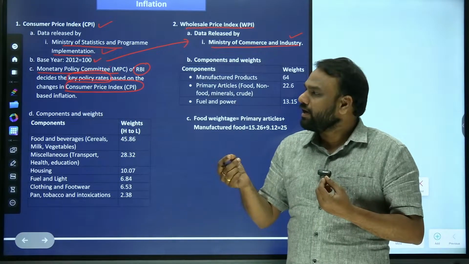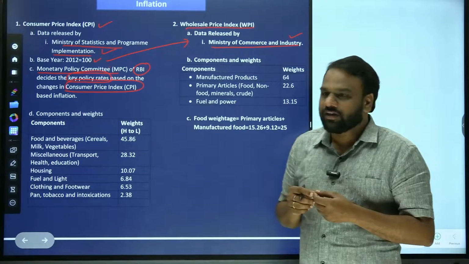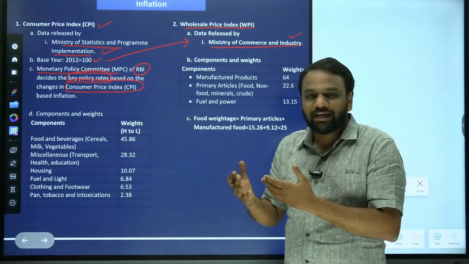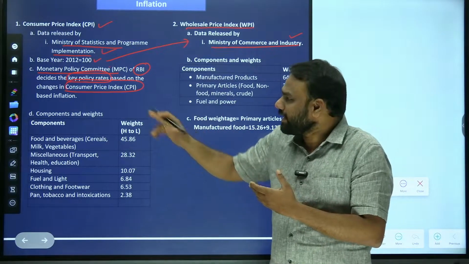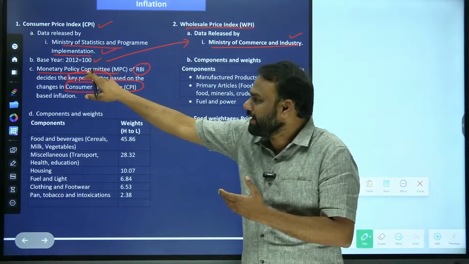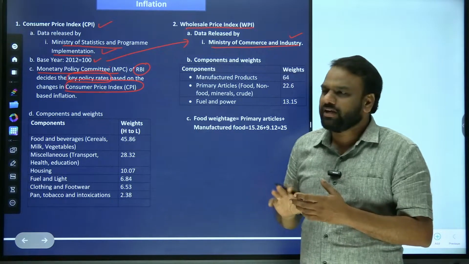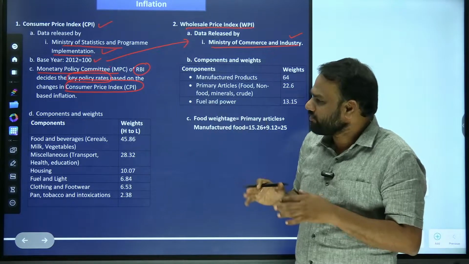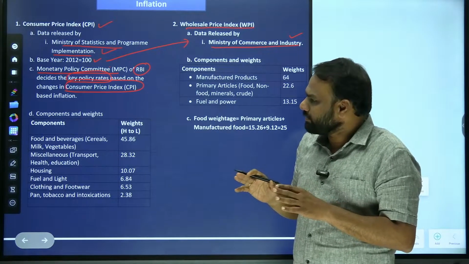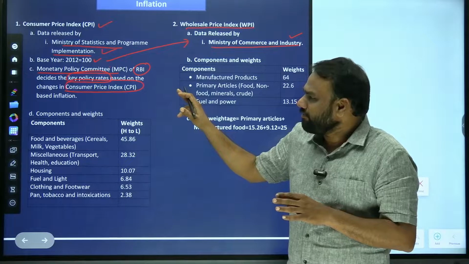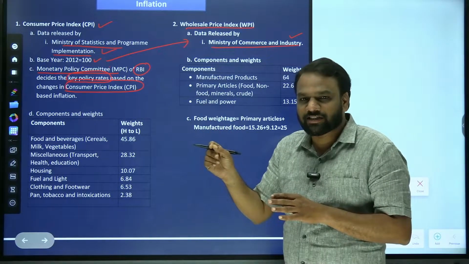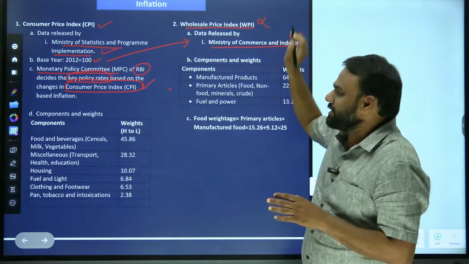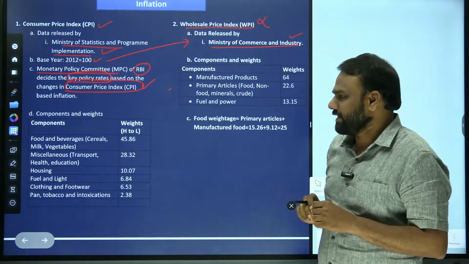There should be some governing figure for it. Here the rate of interest at which I receive the loan from the bank is determined in turn by the key policy rates set by the Monetary Policy Committee. We shall not go into the details of these aspects for the time being; later on we shall discuss. For the time being, we shall assume that whenever the Monetary Policy Committee wants to change the key policy rates, it will change them based on the consumer price index and not on the wholesale price index.